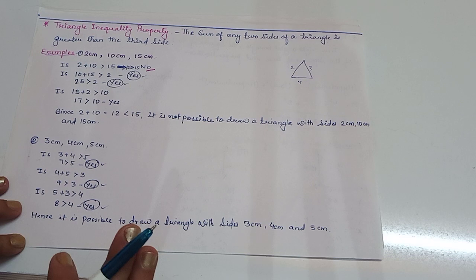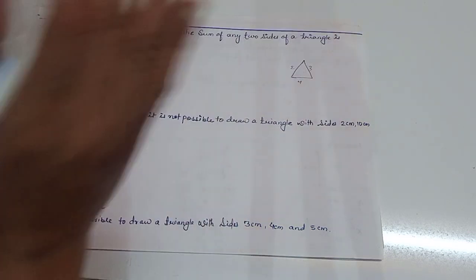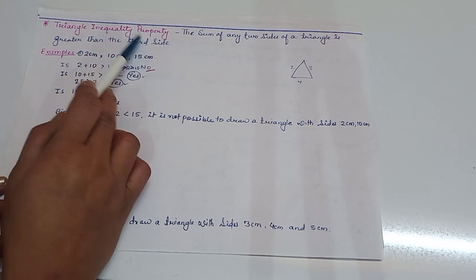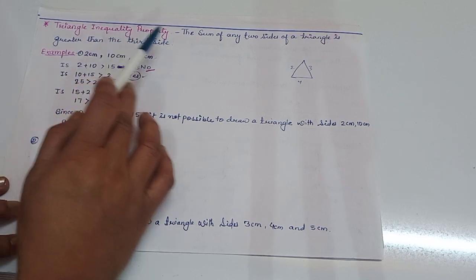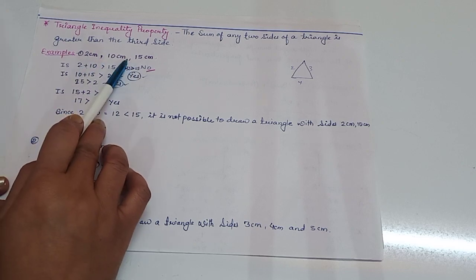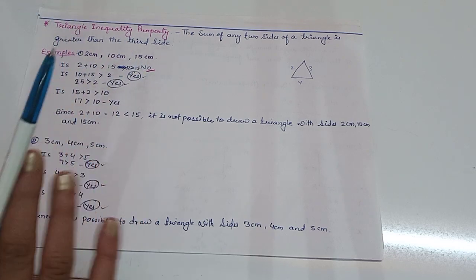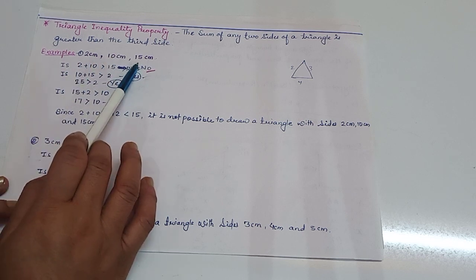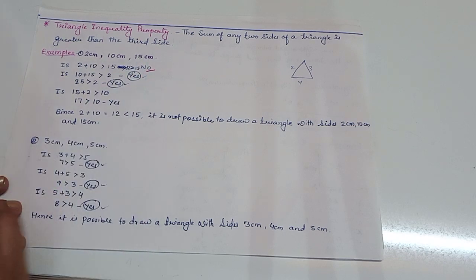It may be possible that these sides will not form a triangle. So for this there is a property, the triangle inequality property. A triangle can be formed only when the sum of two sides of a triangle is greater than the third side. Like here I have taken an example: 2 centimeters, 10 centimeters, 15 centimeters are the three sides.